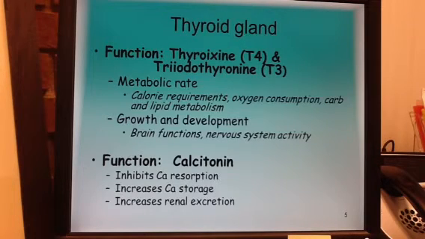The thyroid gland also produces calcitonin. Calcitonin is secreted in response to a high calcium level. Calcitonin inhibits calcium resorption from bone, increases calcium storage in the bone, and increases renal excretion of calcium and phosphorus. Calcitonin is inhibited by somatostatin.